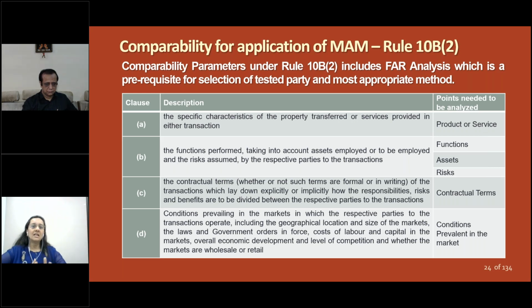So all these criteria and factors are very important to judge comparability. A similar thing happens in the BPO or ITES space, where a person doing a higher end KPO service earns more margin than a person doing a simple lower end BPO service. So comparability is to be established keeping in mind all the criteria laid down in 10B(2), and then to see if any of these criteria can be adjusted. If not adjusted, then the comparable has to be rejected.